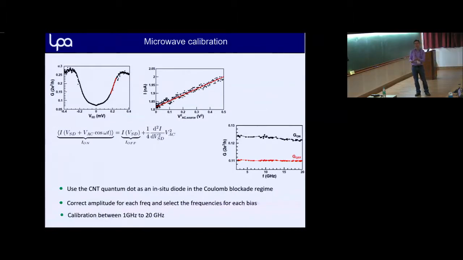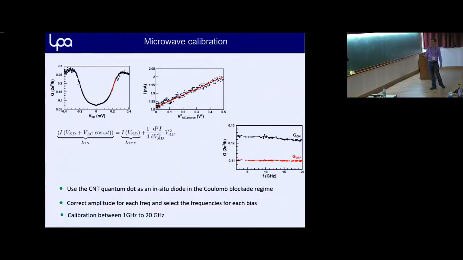That's crucial, because you really have to do an in situ calibration if you want to have a reliable calibration. And if you do this, as a function of the power which you shine onto the device, you see some linear regression for the DC current which you measure. This is a direct calibration of the power on the system.